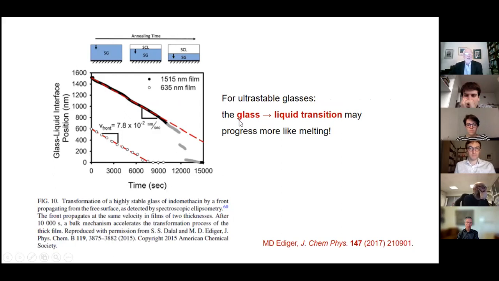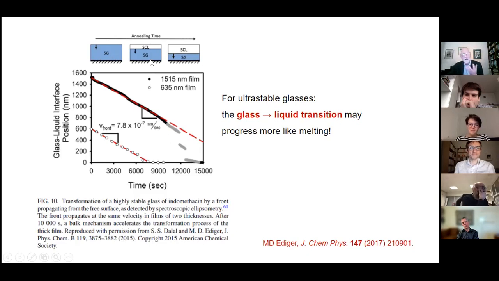So it would be claimed that the glass transition in these systems really looks a lot more like melting, that you have a distinct front propagating from the surface, just as you would have for liquid into crystal. So it's like this ultrastable glass is so stable, actually, it's unable to generate a higher energy version of itself internally. It has to propagate from the surface.